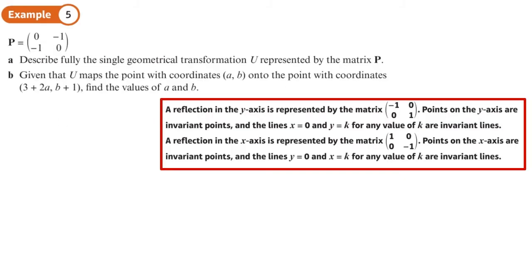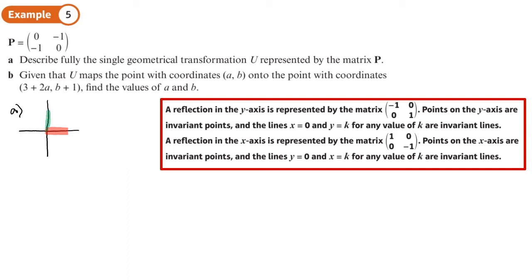Okay, here we've been given a matrix. Describe fully the single geometric transformation U represented by the matrix P. Right, so let me just draw a little grid to help me out with this. So let's have red here, and let's have green here.